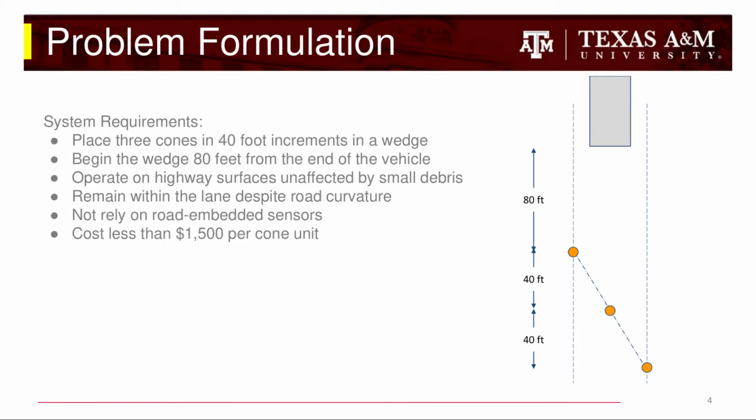The cone placement device should remain within the lane despite road curvature to avoid being hit by oncoming traffic. Additionally, we don't want to rely on road-embedded sensors, as this would be difficult to deploy quickly and with low cost. Finally, we would like the units to cost less than $1,500 each due to the high likelihood that they will be struck by oncoming traffic.